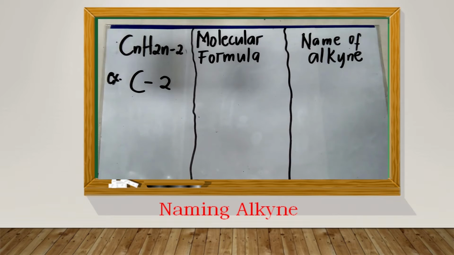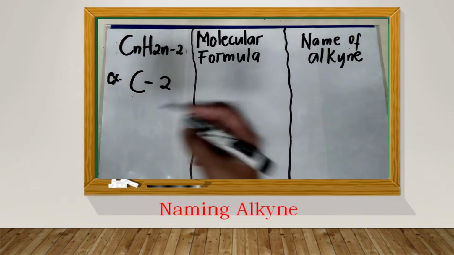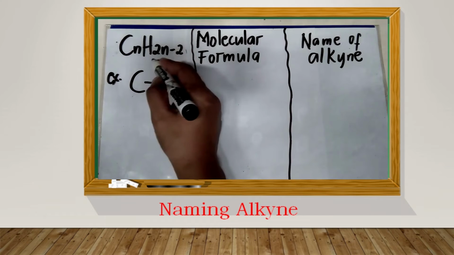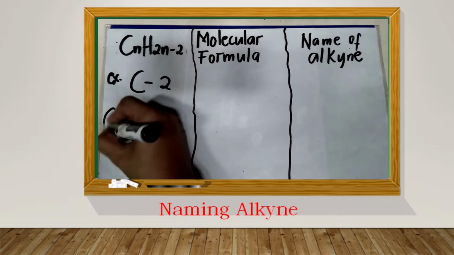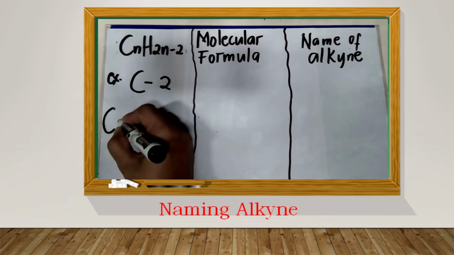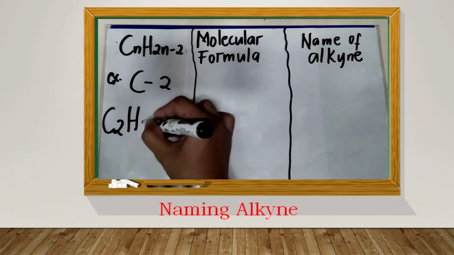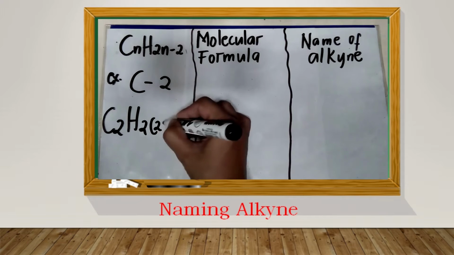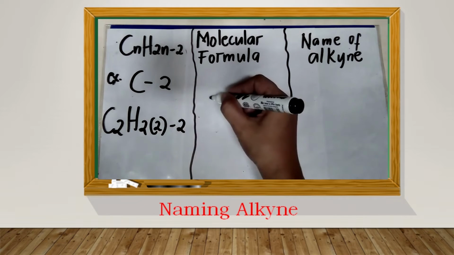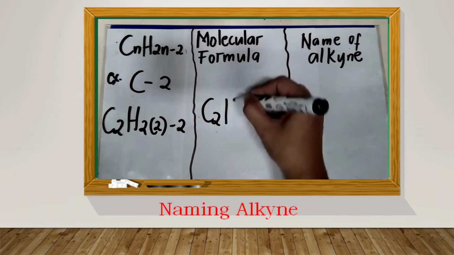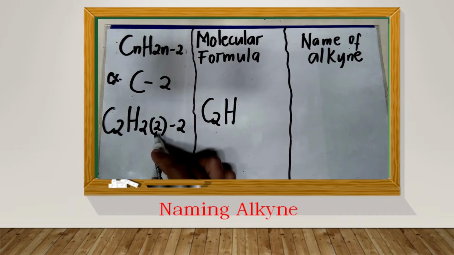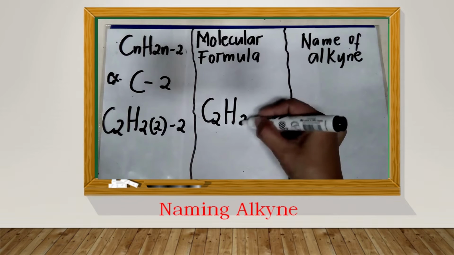Okay, so how do we get the molecular formula of an alkyne? Given carbon 2, using the formula CnH2n minus 2, let us substitute the value of carbon. The value of n is 2, so H is 2 times 2, that is 4, minus 2, that is 2.